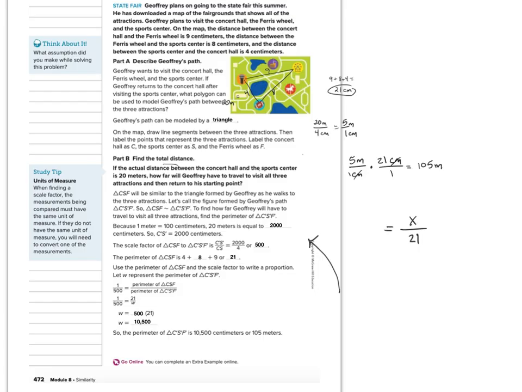And then I would say that the new distance over the old distance. If I were to cross product property that, let's see what would happen. I'd get 4x is equal to 420.